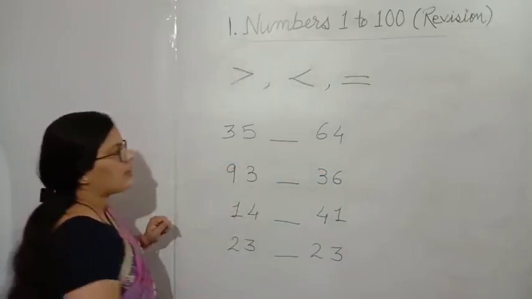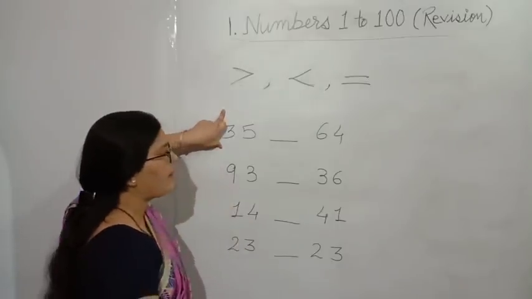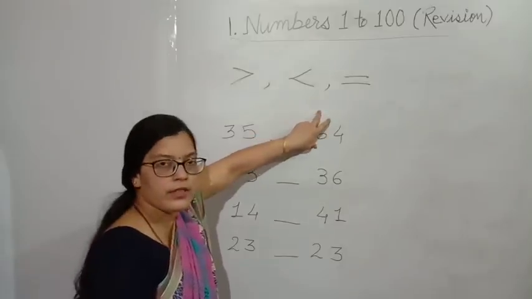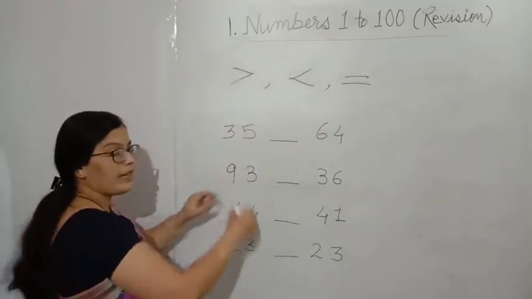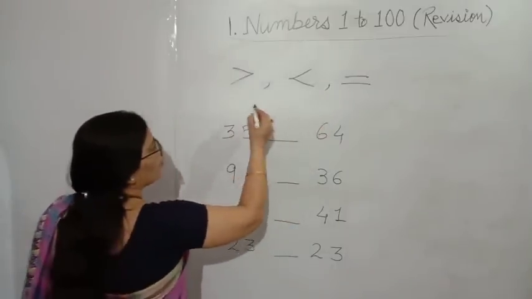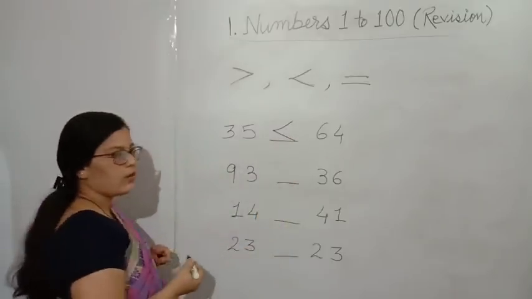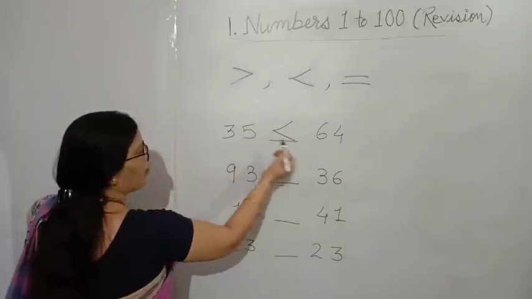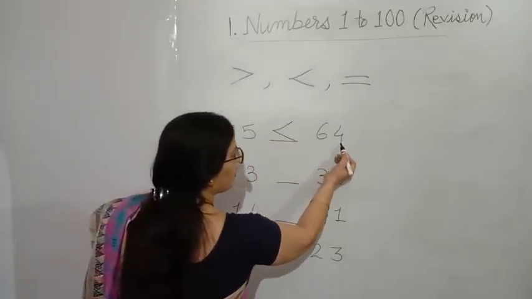Which number is smaller and which one is greater? Here 35 is the smaller number and 64 is the bigger number. So we'll use the smaller than sign. The mouth remains open towards the bigger number here. And we'll read it as 35 is smaller than 64.